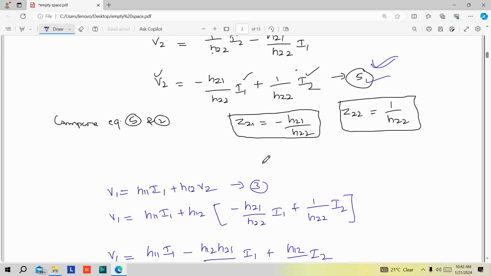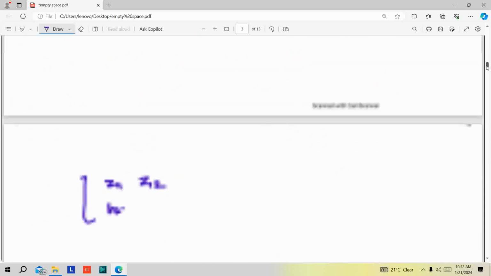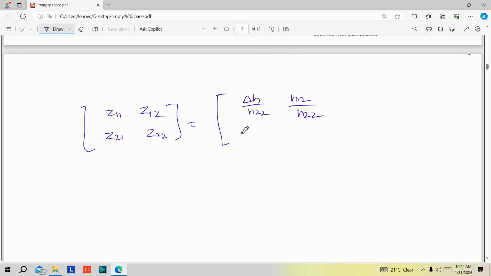Z21 is minus H21 divided by H22 and Z22 is 1 divided by H22. I'm going to copy that here. So this is the conversion of Z parameters in terms of H parameters.